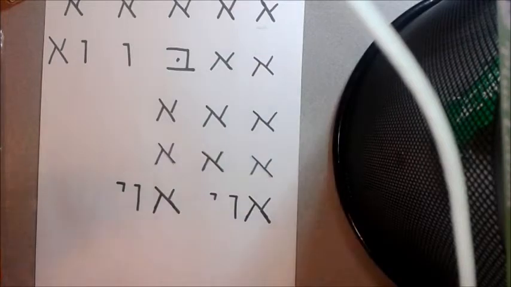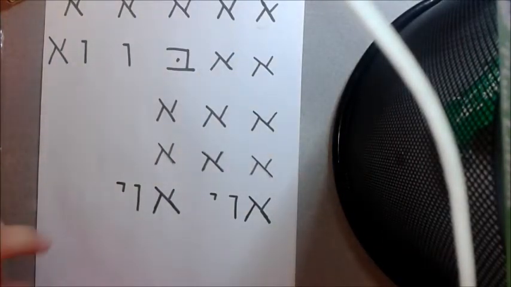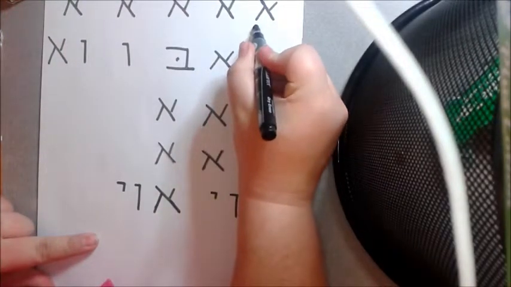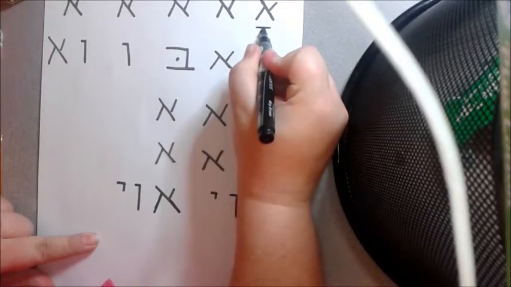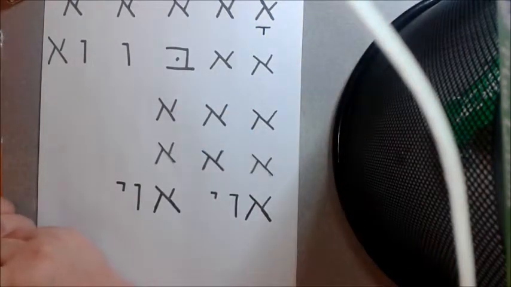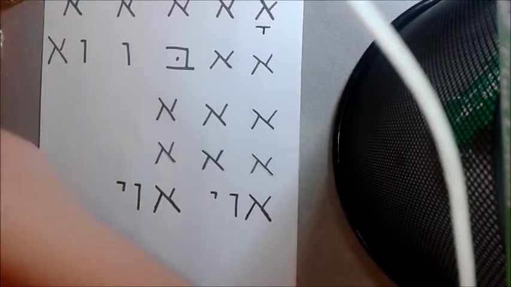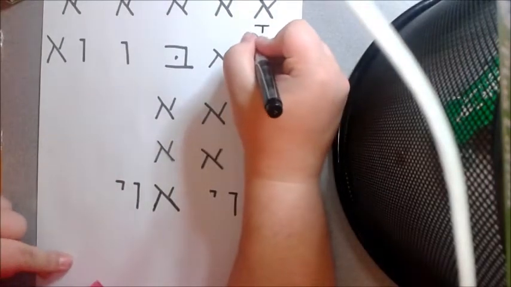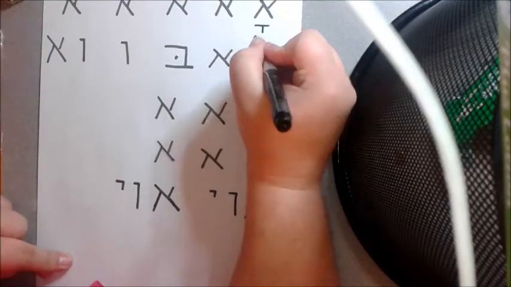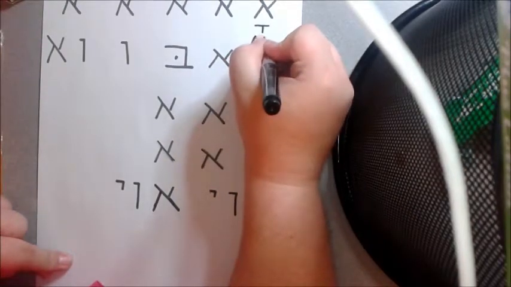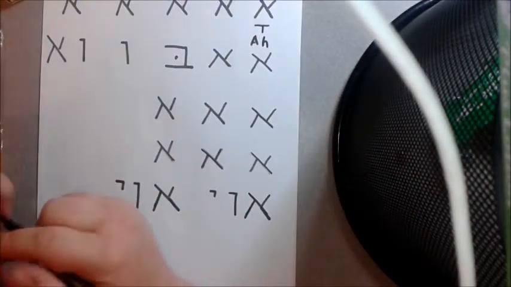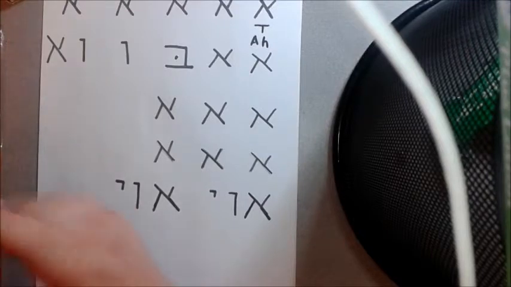So let me go ahead again, jump into the beginning one here. Okay, so we have this little T underneath. That is the vowel that says ah. And what I'm going to do is write underneath each of these the phonetic sound.